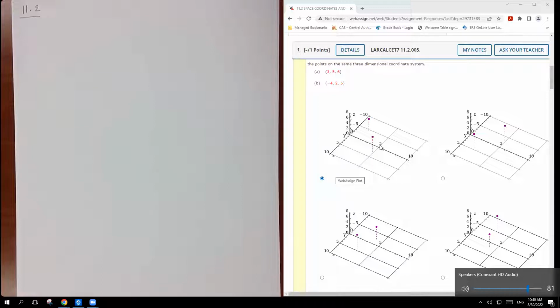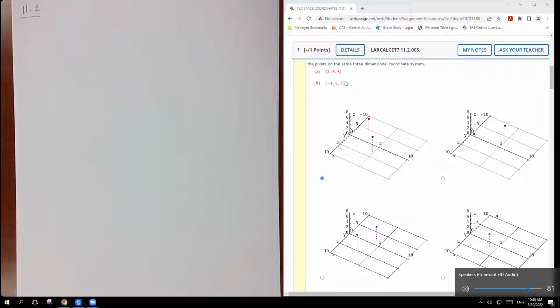If you look at the other ones, all these points are not 5. Oh, okay, I see it now. You have to look at it from a different angle. That's why I'm telling you, you have to take your time. It's an easy question, but when you look at the graph, it's confusing.